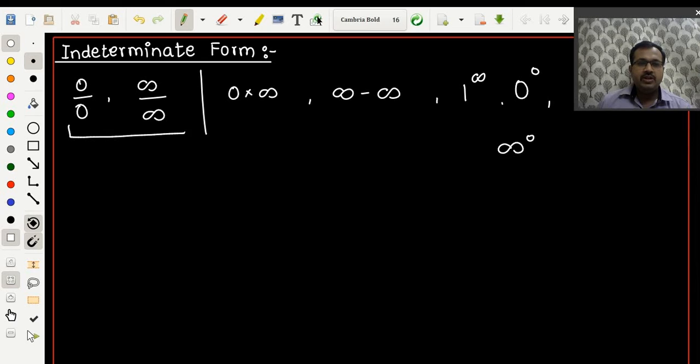So let's recall, to evaluate the indeterminate form 0 upon 0 we used to apply the L'Hopital rule.